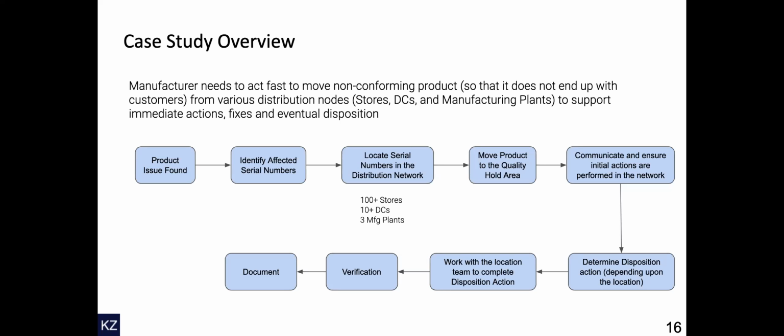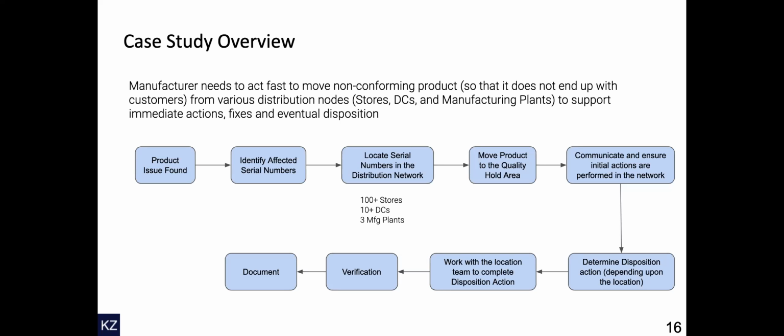Okay, or finished products that are affected by the component issue. Okay, and then they need to find all the serial numbers in the distribution network, right? Things have gone out of the factories. Some of them are still in the factory. Some of them already reached the stores. In the worst case, some of them already are at the customers, right?